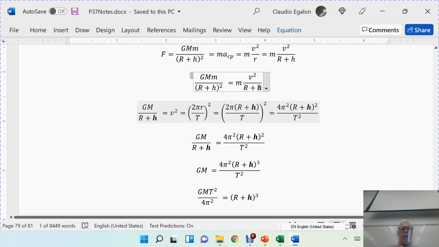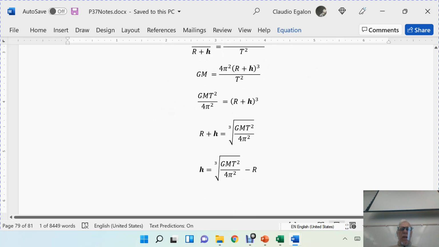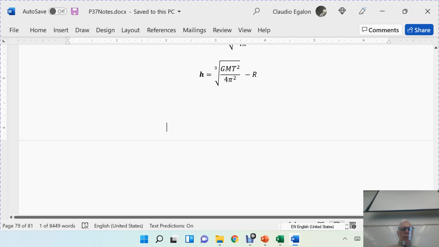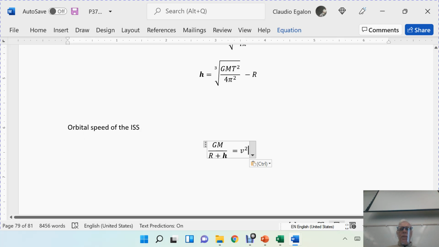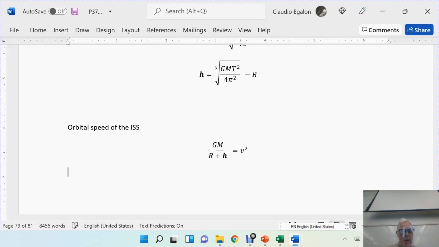So for V, I'm going to use this equation here. Gravitational force is equal to centripetal force. That's what it's all about. Okay, so here you go. Speed, orbital period. Orbital speed of the ISS. Here you go. And we can take the square root.